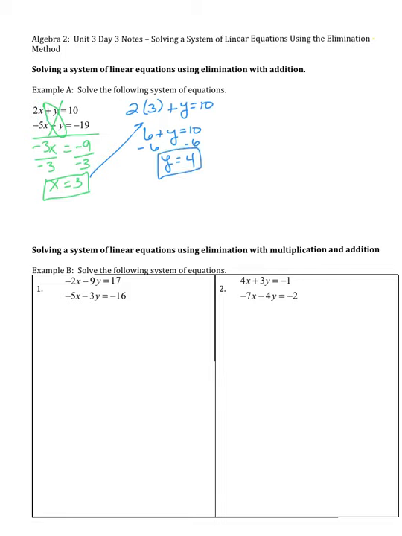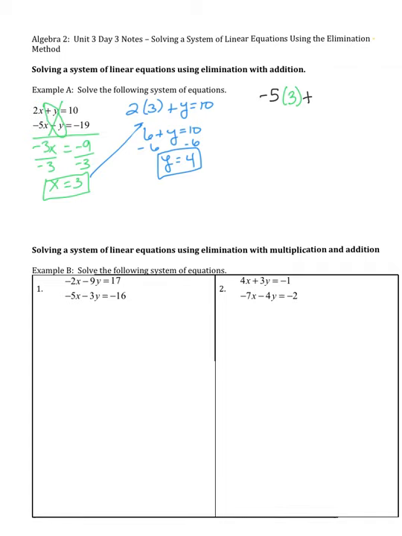And as I told you last lesson, use the other equation to check your answer. Since I used 2x plus y equals 10 to find the value of y, I'm going to use the other equation, negative 5x minus y equals negative 19, to make sure my math works. So let's do that. Negative 5 times 3, because I'm replacing my x and my y with the values that I found.